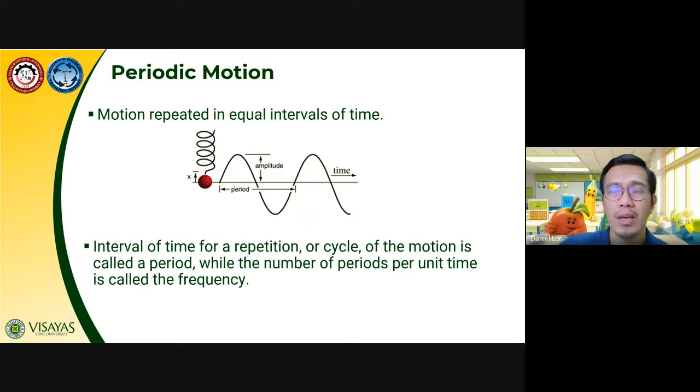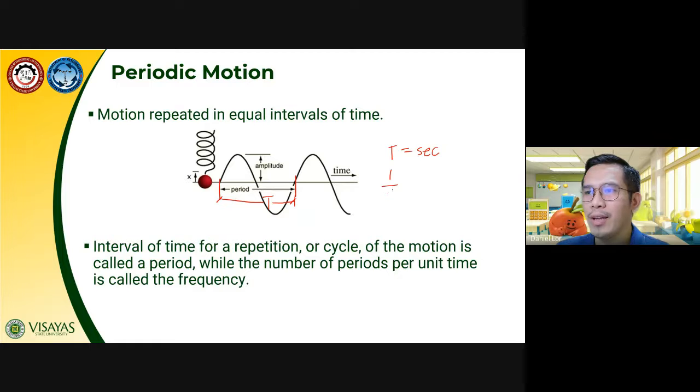Damping is the process of decreasing or stopping the oscillation. So the period T is one complete cycle. So that is your period T, and the unit of T is in seconds.